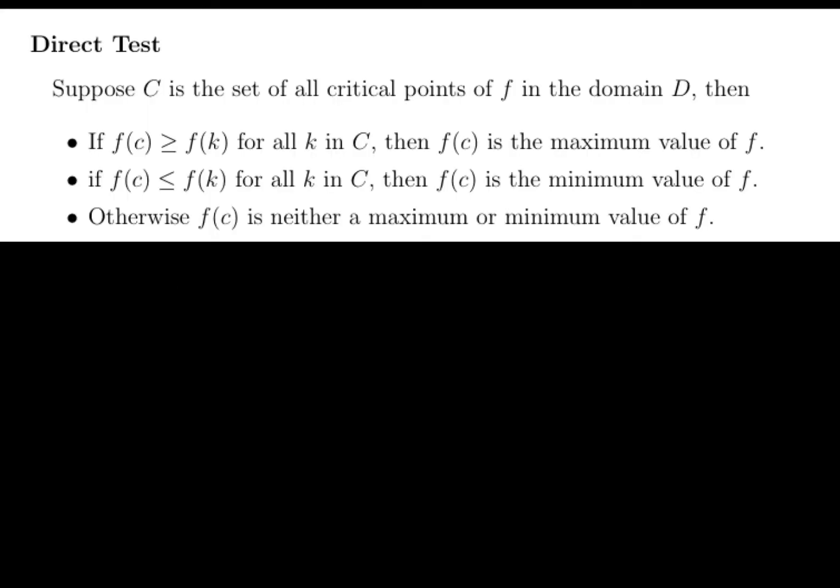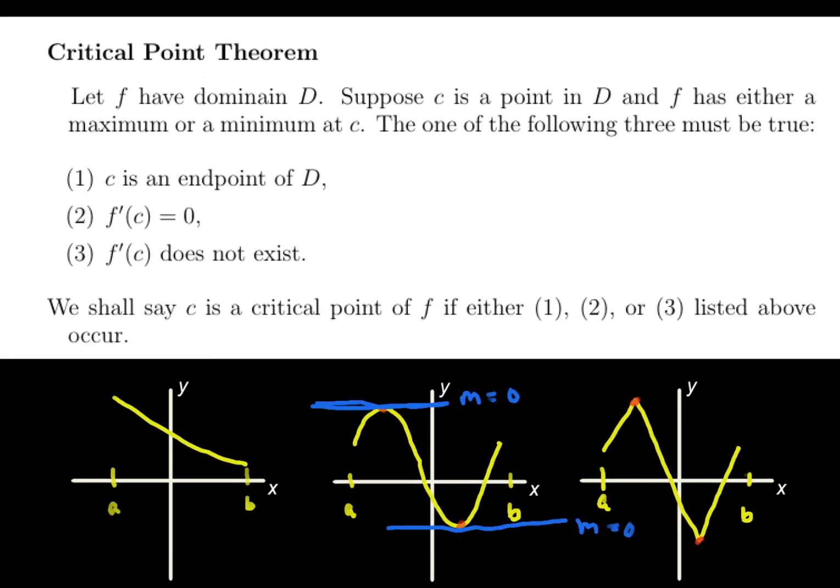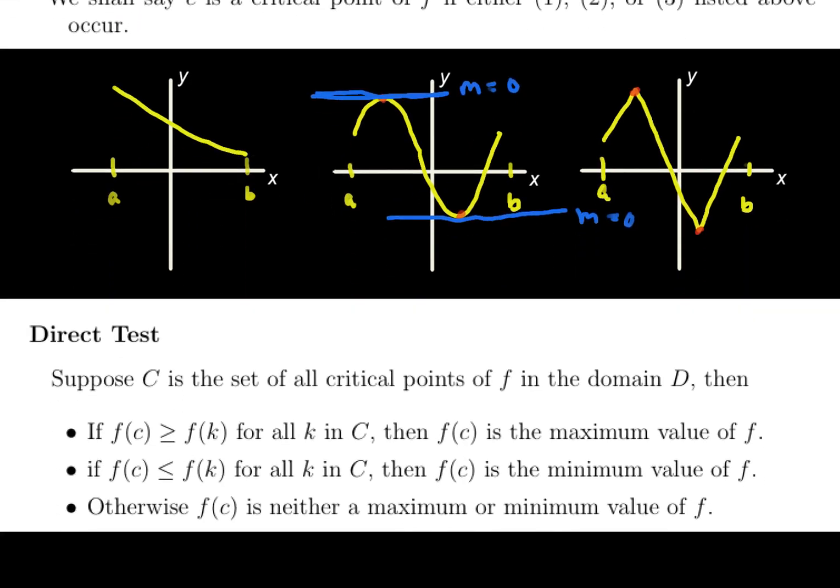So let's suppose that C is the set of all critical points of f in the domain. So it's the set of c such that either c is an endpoint, the derivative at c is 0, or the derivative doesn't exist. Remember, that's what a critical point is.